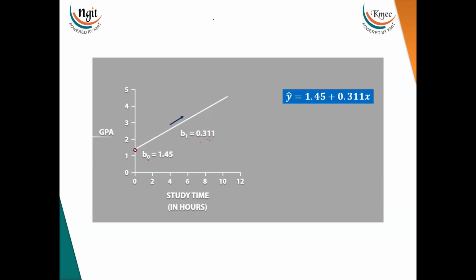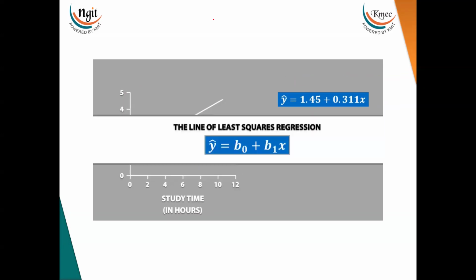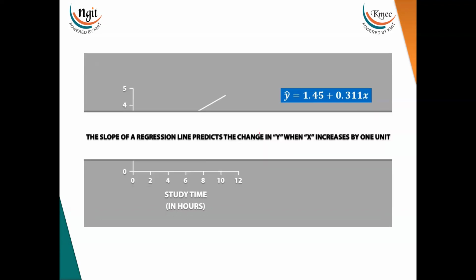In this way, we are going to represent a regression line. This is called the line of least square regression. If a question comes, find out the predicted value using the line of least square regression, this is the formula you have to use: y cap equal to b naught plus b1 into x.